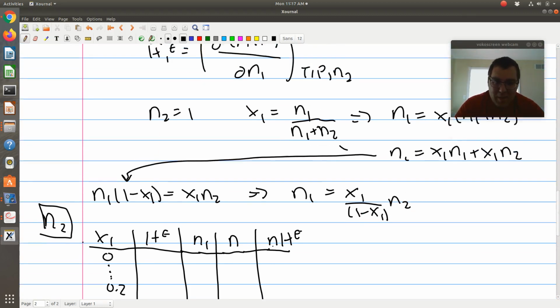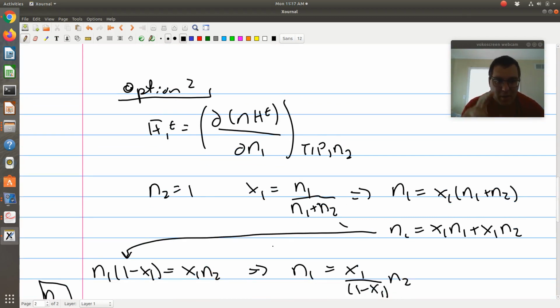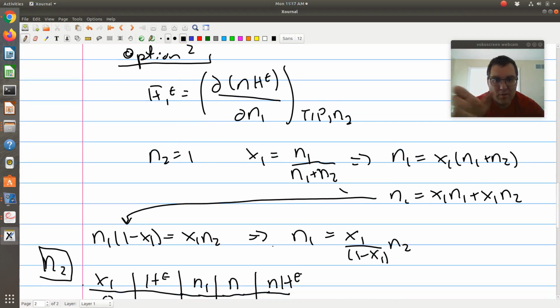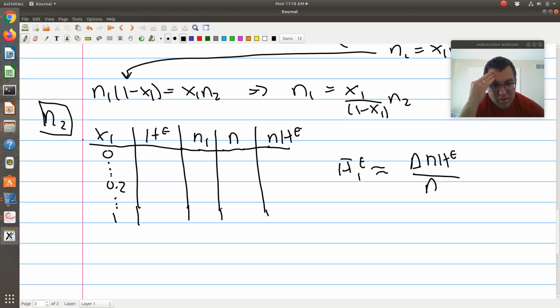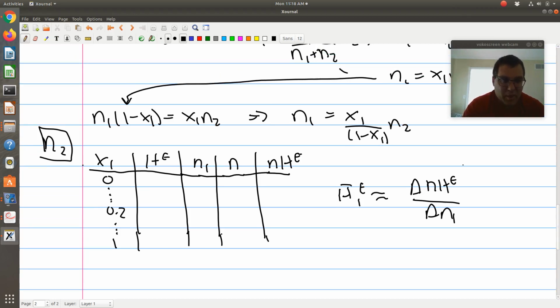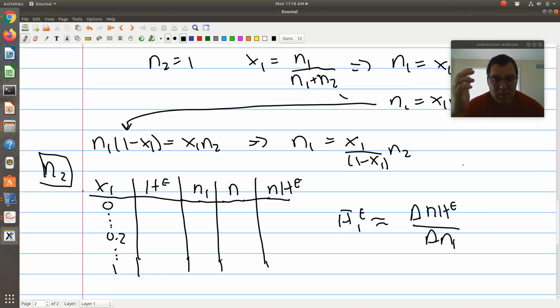And then it would just be doing the same trick where I need to numerically approximate this derivative. So h bar 1E would be approximately equal to delta n HE over delta n1, everything else held constant, T, P and n2, which is what I would have in this tabulated data set.